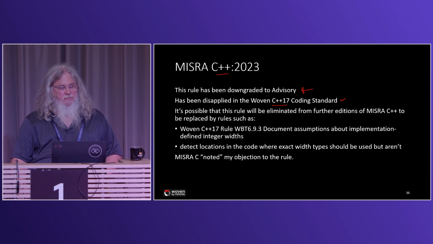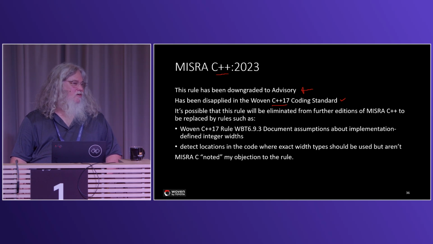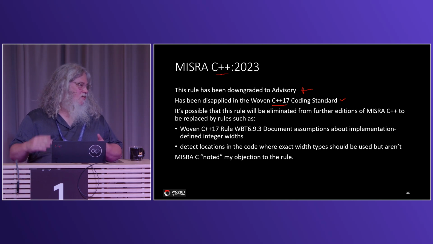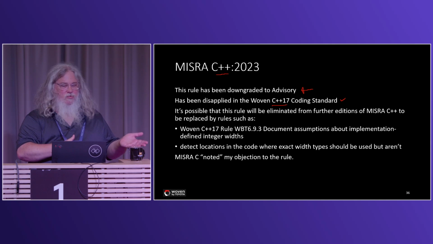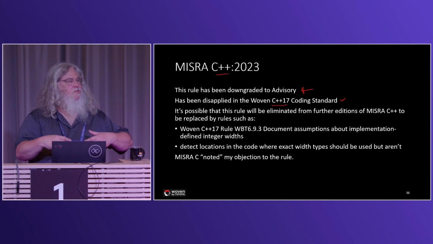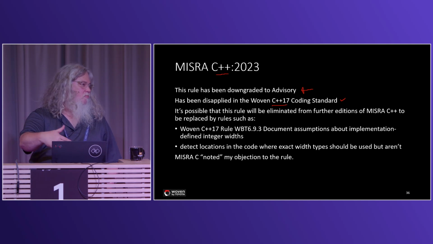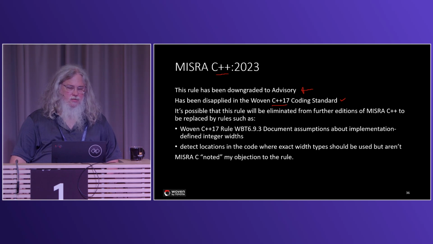The C++ committee is open to the idea, because they've already recognized the issues with this when they moved it from required to advisory. They want me to provide them with a replacement rule that captures places where you should use exact width types and don't, and then they'll be open to eliminating this. So, hopefully I'll find the time to do that.